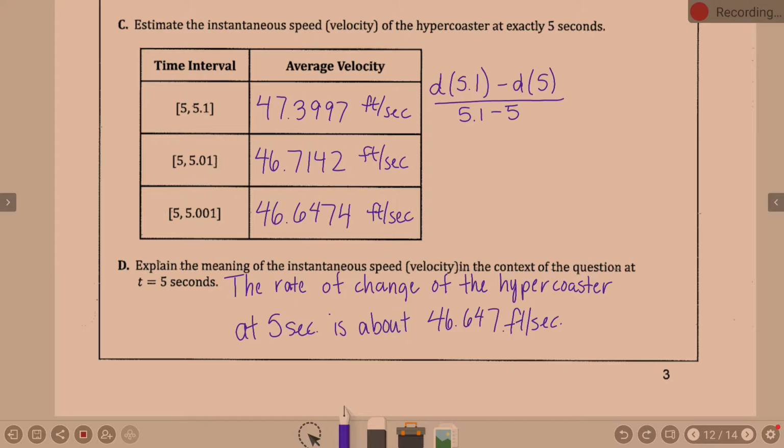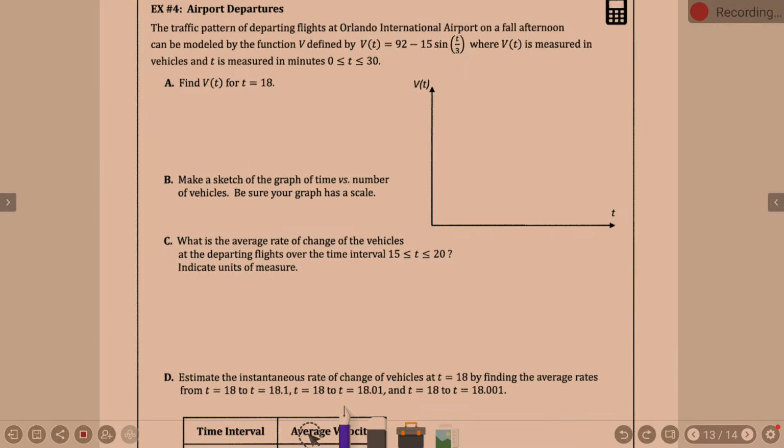Airport. Some of this is repetitive, but some of it is stuff we need to talk about. So airport departures. The traffic pattern of departing flights at Orlando International Airport on a fall afternoon can be modeled by the function v, defined by v of t equals 92 minus 15 sine of t over 3, where v of t is measured in what?